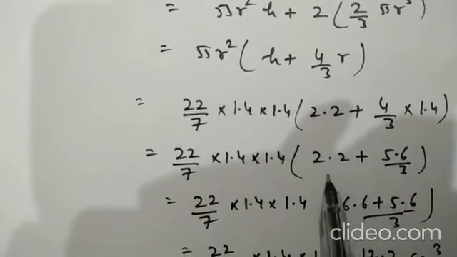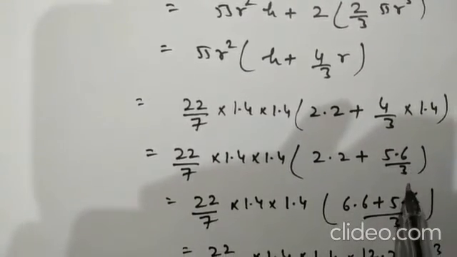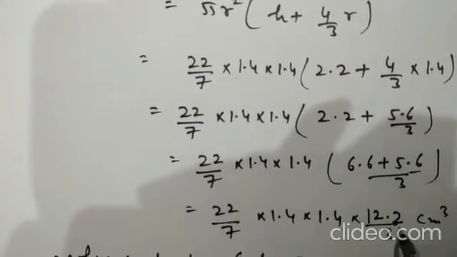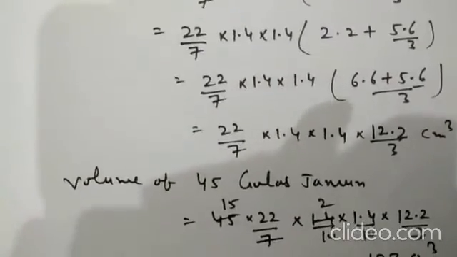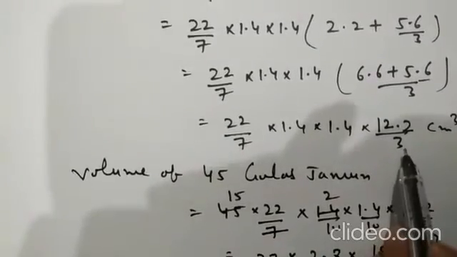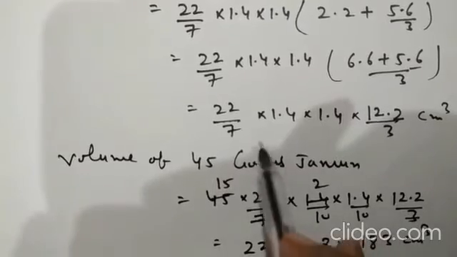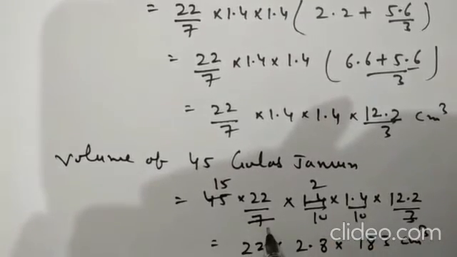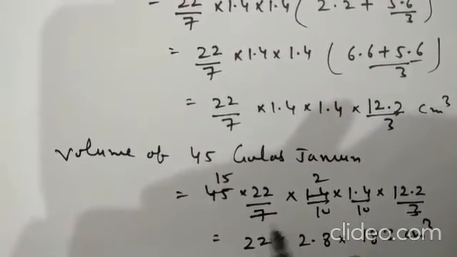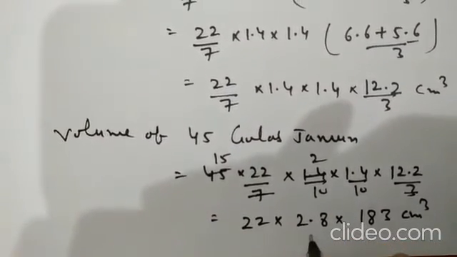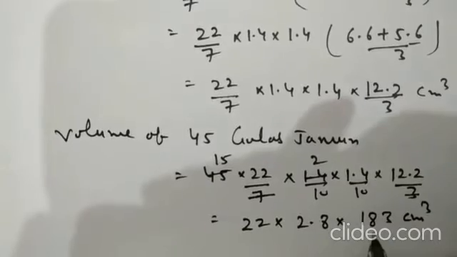Inside bracket it is 2.2 plus 5.6 by 3, 6.6 plus 5.6, 12.2 by 3. Now this is the volume of one gulab jamun. Volume of 45 gulab jamun, this volume to be multiplied with 45. We will do simplification at the end. It will be 22 into 2.8 into 183.